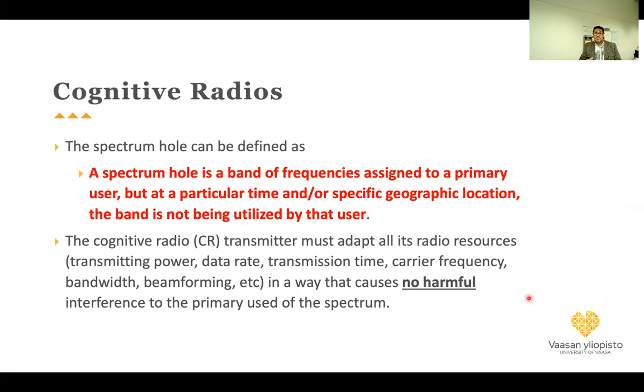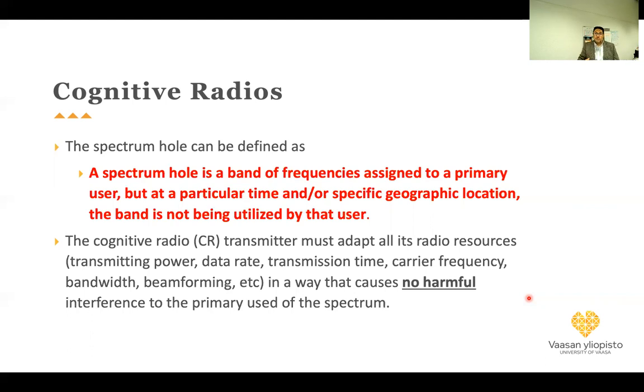Just to give an example: if you have a radar system and there are some frequencies assigned for this radar, but in a certain area there is no radar, let's say within a few kilometers, then why don't we use that band in that area?